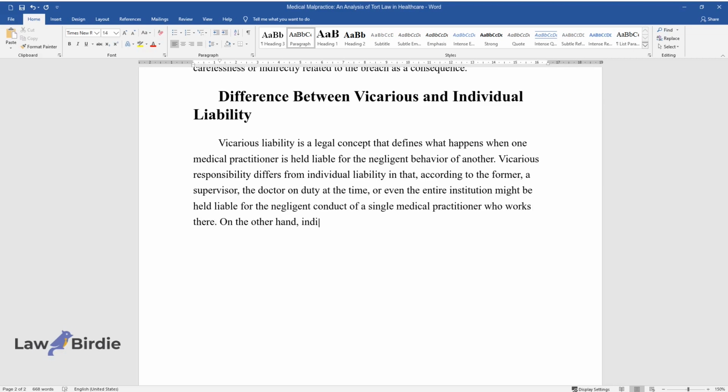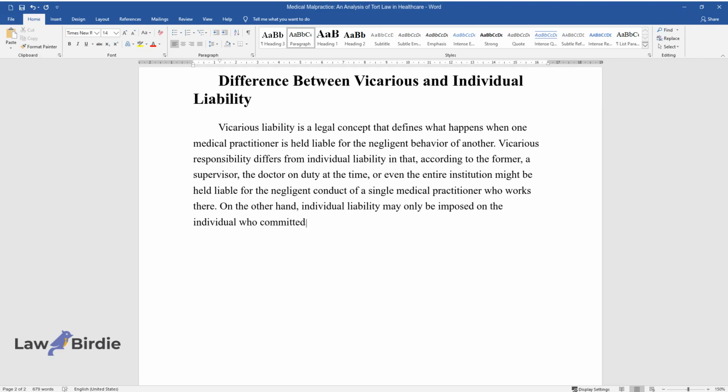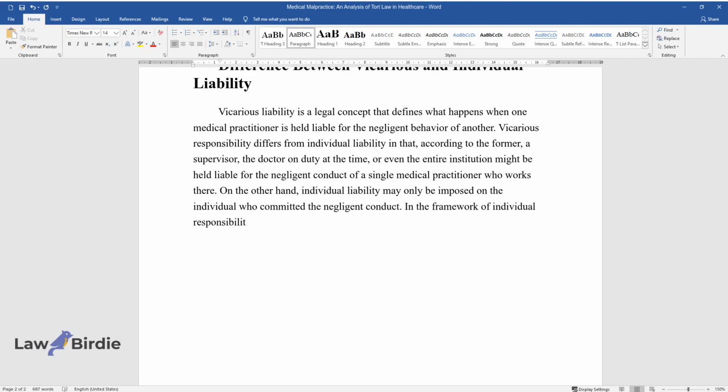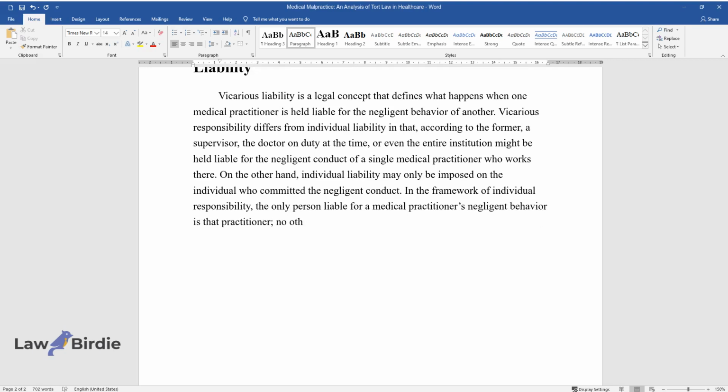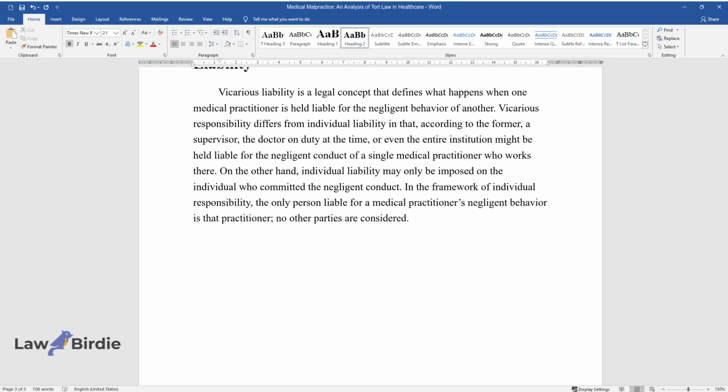On the other hand, individual liability may only be imposed on the individual who committed the negligent conduct. In the framework of individual responsibility, the only person liable for a medical practitioner's negligent behavior is that practitioner. No other parties are considered.